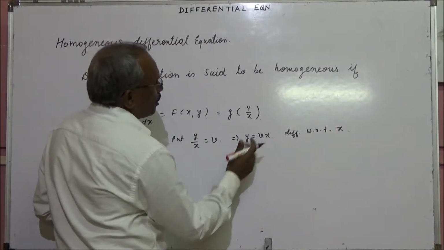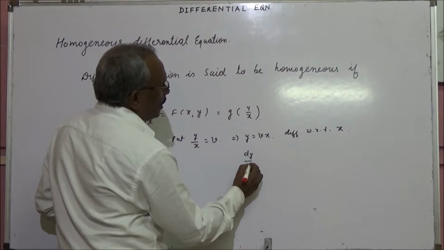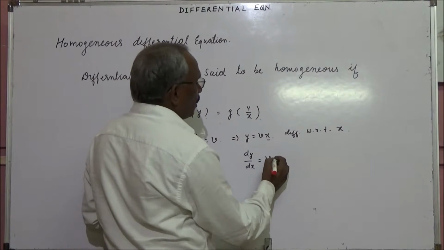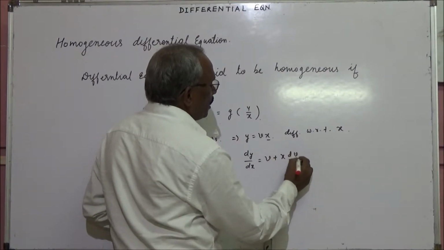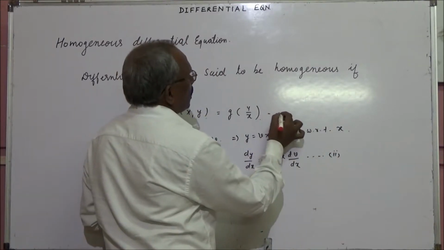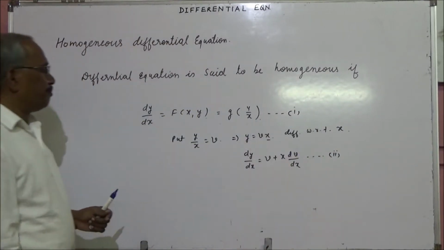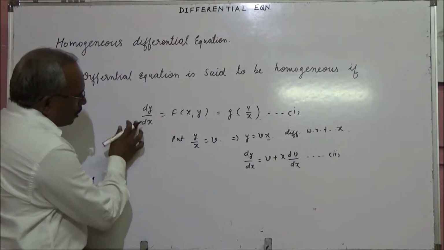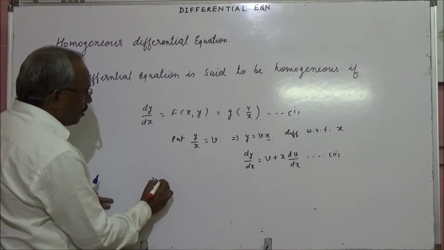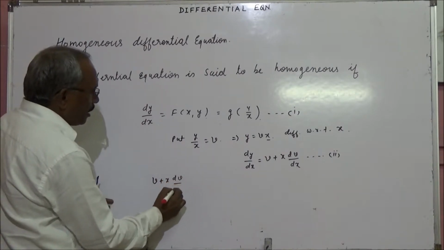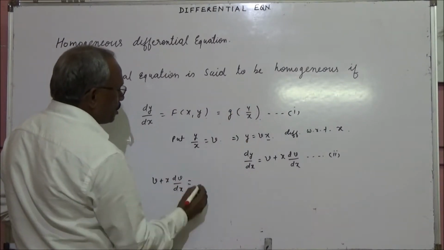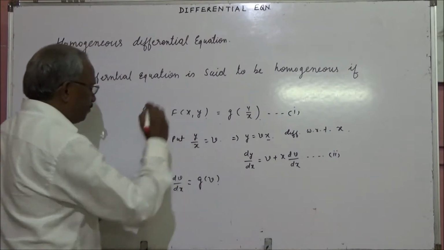Differentiating with respect to x, dy by dx is equal to first function into derivative of second, that is v into 1 plus x into dv by dx. Call this equation number 2, and the original as equation number 1. Using equations 1 and 2, v plus x dv by dx is equal to g of v.